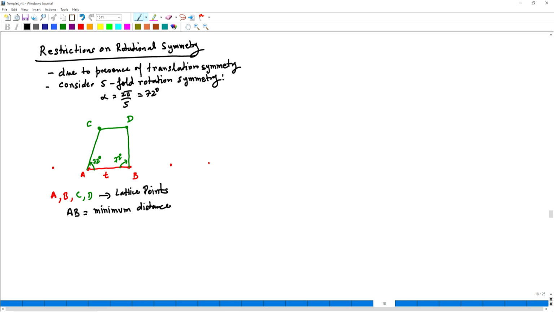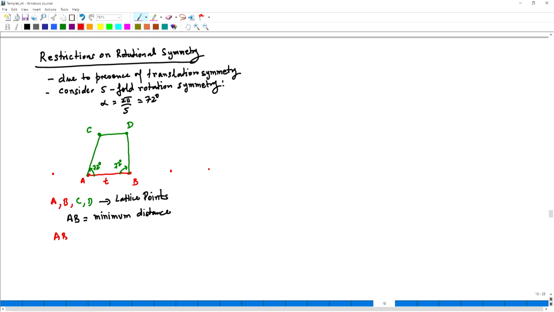AB is parallel to CD. Therefore, the spacing of lattice points that I get along the AB direction, I should get the same spacing along the CD direction as well, the same spacing of lattice points in both cases.